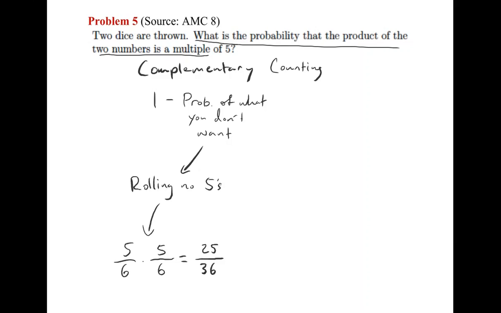And now we put it back into this formula. So 1 minus 25/36 gives us 11/36. And this is the probability that the product of 2 numbers is a multiple of 5.